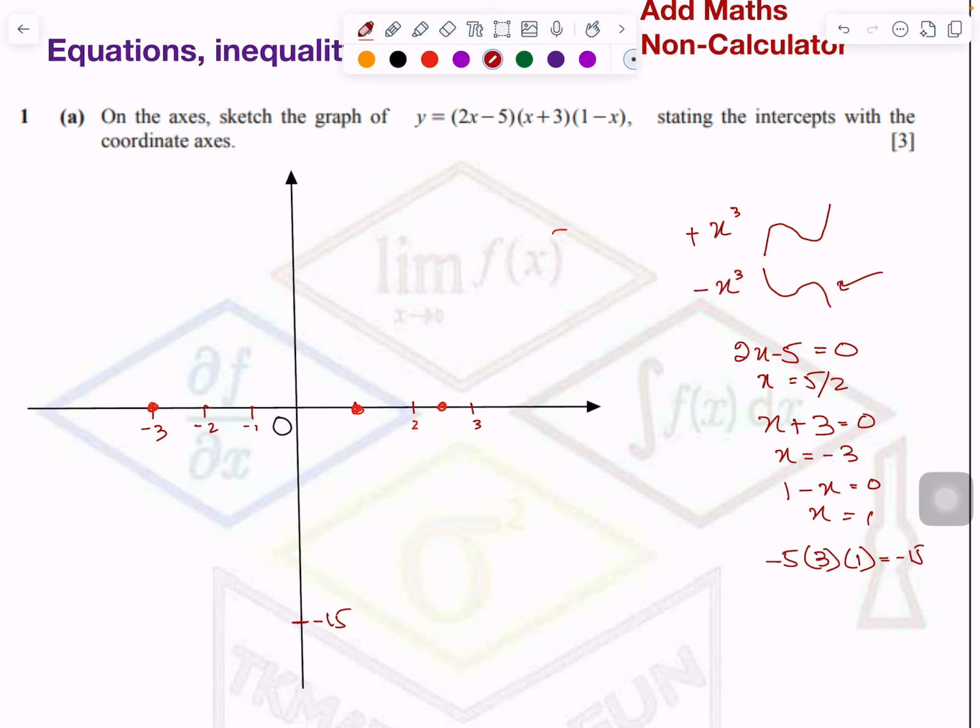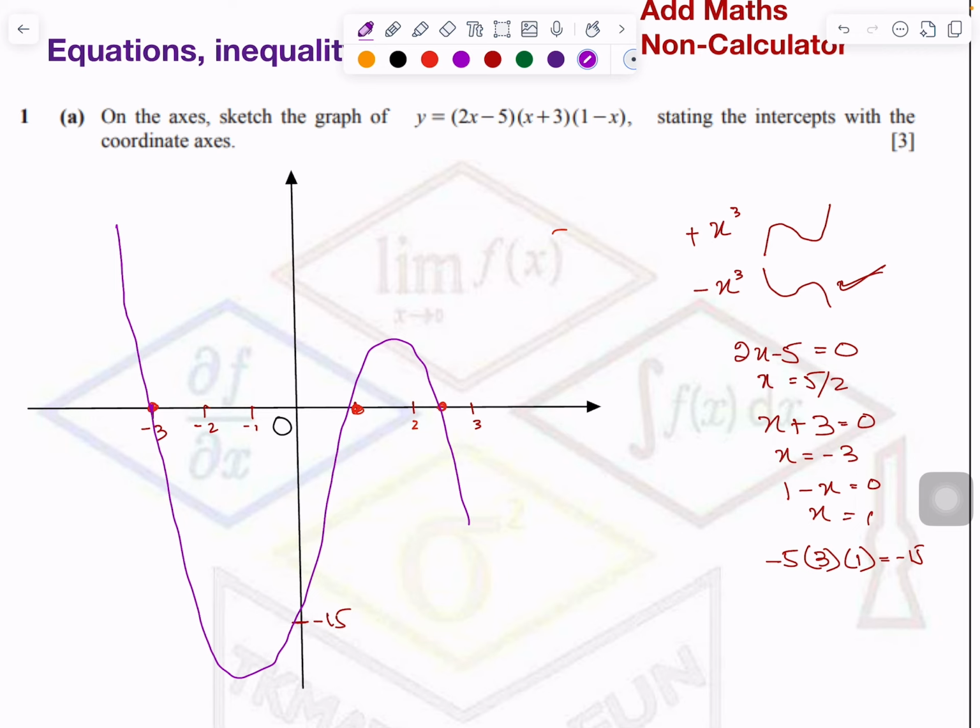And now the shape of the graph is like this. So I will make it pass from here. So roughly, now how high it will go and how low it will go, that you can figure out. But right now the most important point is to show here 3 things.